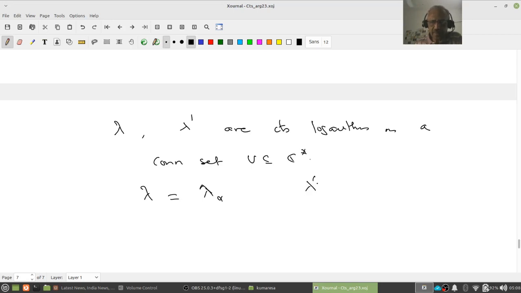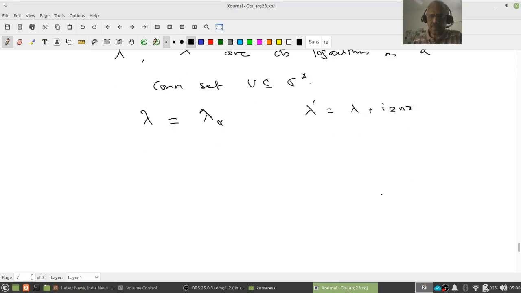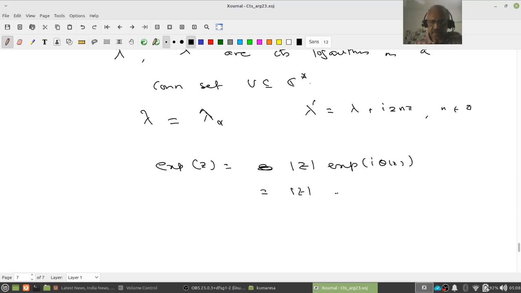Otherwise, lambda prime is lambda plus 2n pi i for any integer n. You know how to do that? Because exponential of z equal to mod z into exponential of i theta of z, and that is all equal to mod z exponential of i theta dash of z.